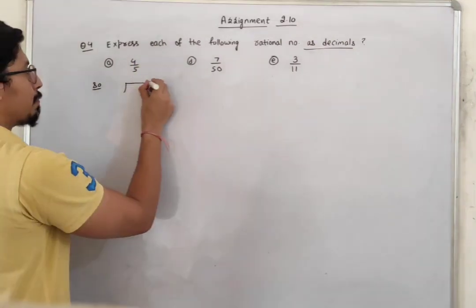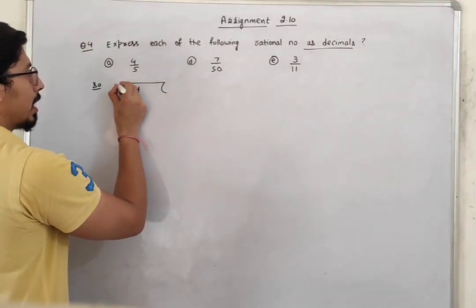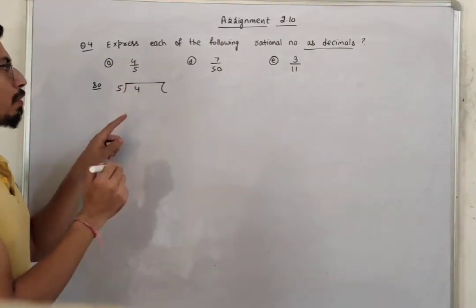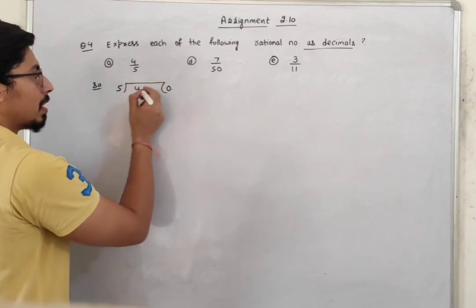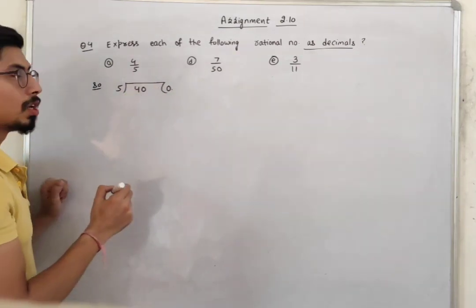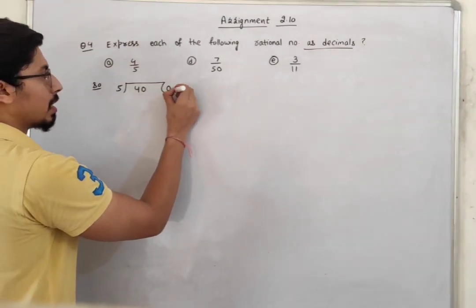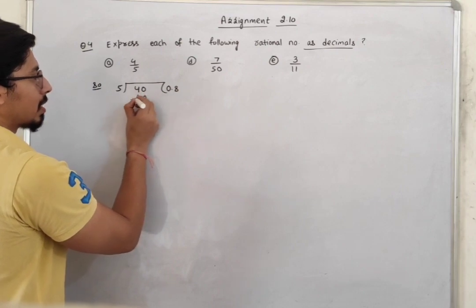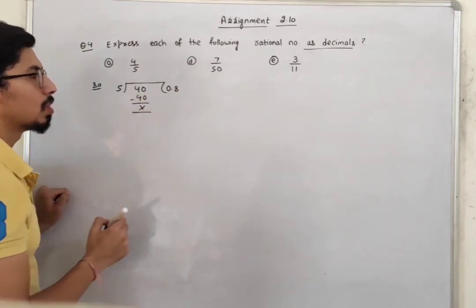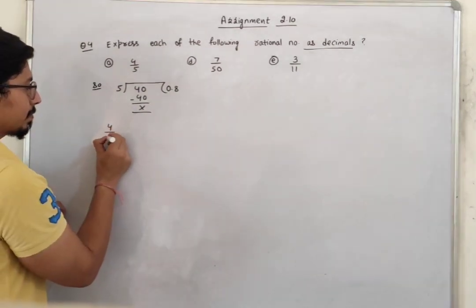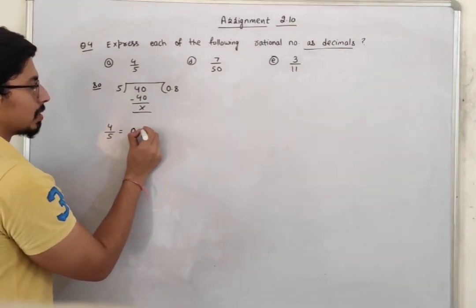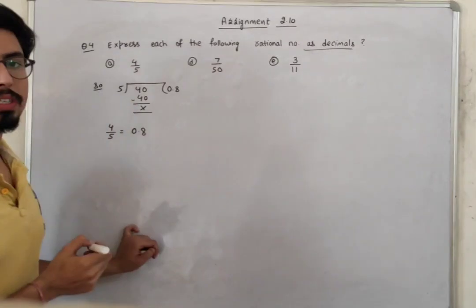So take 4 here and 5 here. 4 is less than 5 now, so place 0 point, place a 0 here. It will be 5 8s are 40, so we get the remainder 0. That means 4 by 5 can be written as 0.8, students.